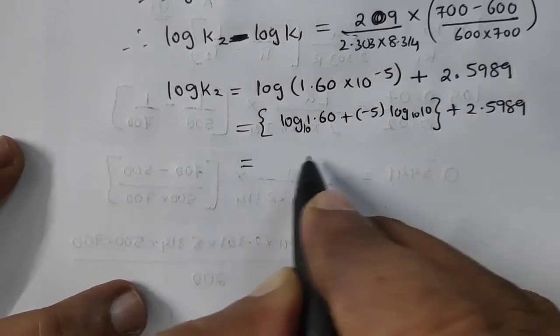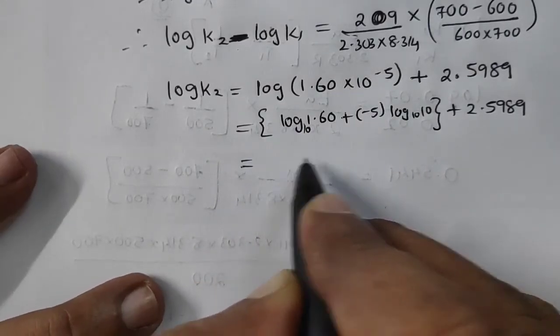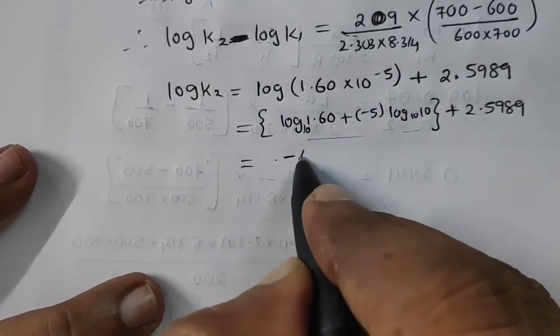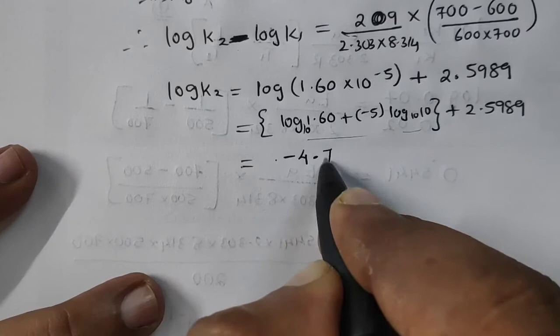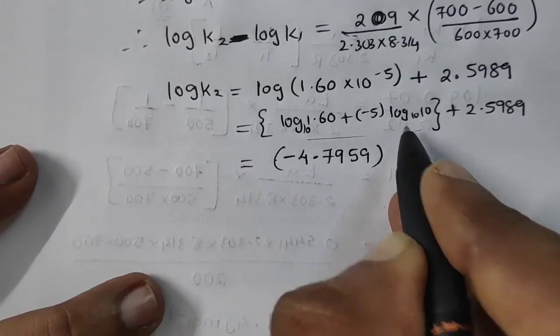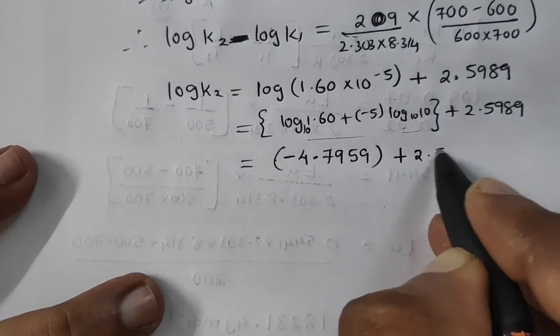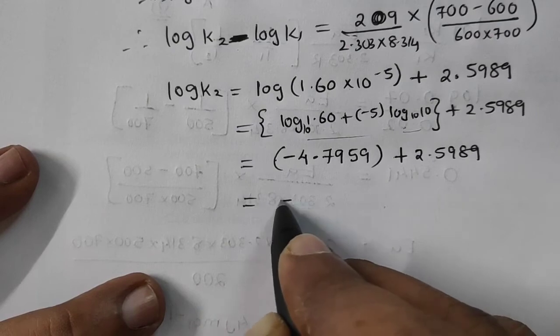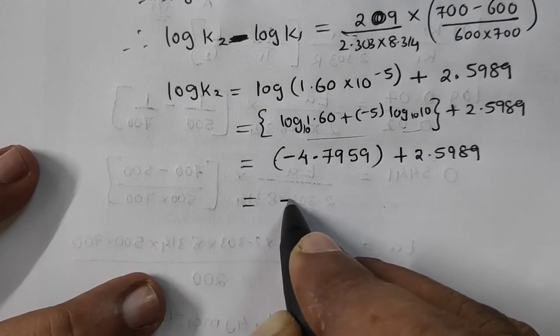If you simplify this, you will get minus 4.7959 as the value for this, plus 2.5989.